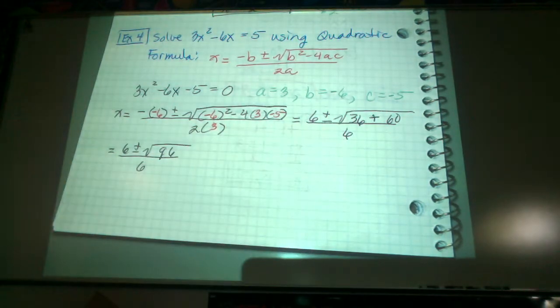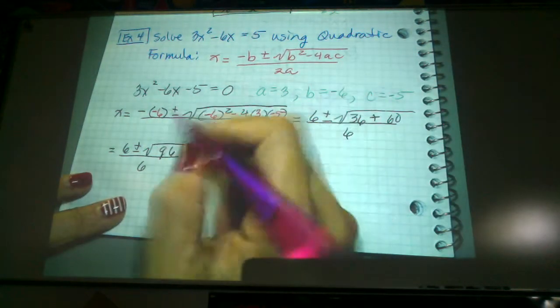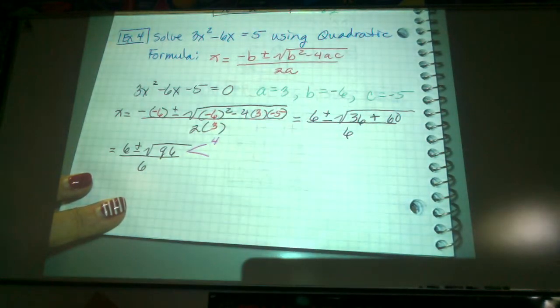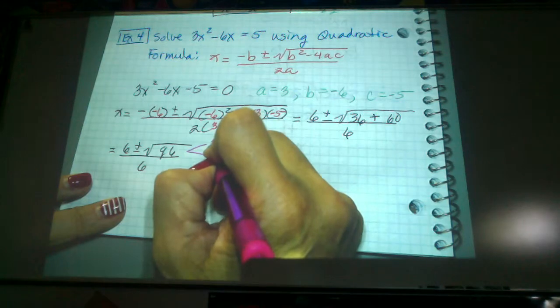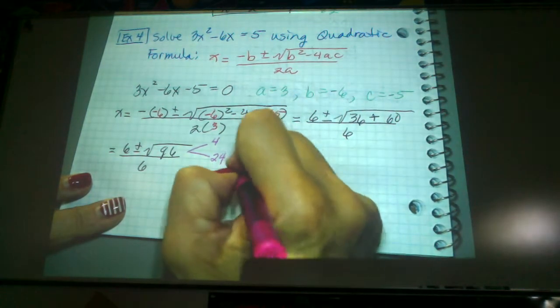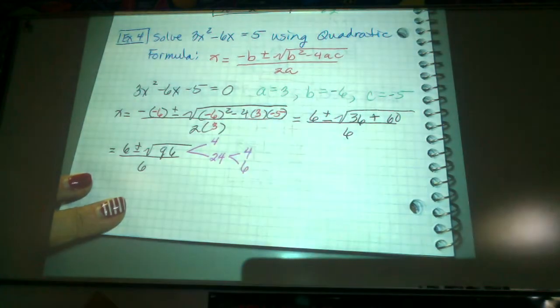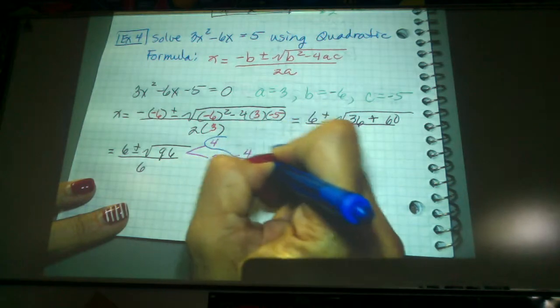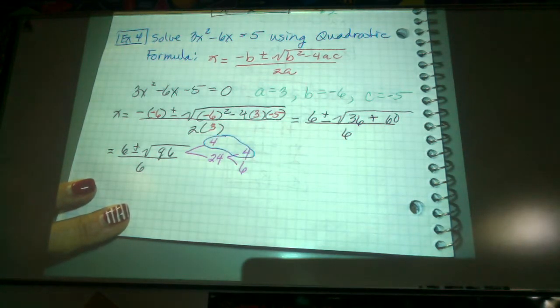Now we need to simplify our radical. Using divisibility rules, I know that 4 goes into 96, and it goes into 96 24 times. I know that 24 has another 4 in it, 4 times 6. You could go down to the primes, but why? Don't I have a pair of 4s? Right?